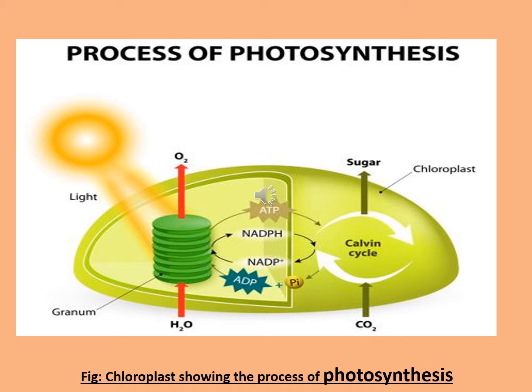As we have learned in the previous class about the chloroplast, it is a type of plastid, an organelle which helps in the process of photosynthesis. If we want to understand the chloroplast structurally, we will find it has a double membrane layer, and inside the inner membrane there is a sap which is called stroma.